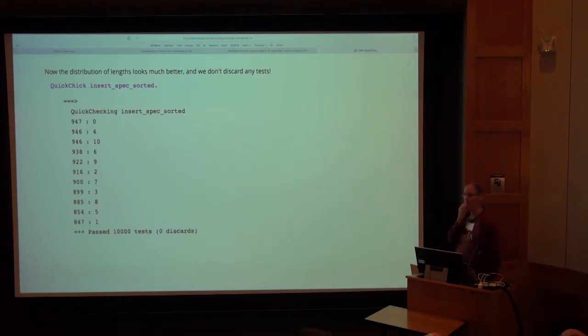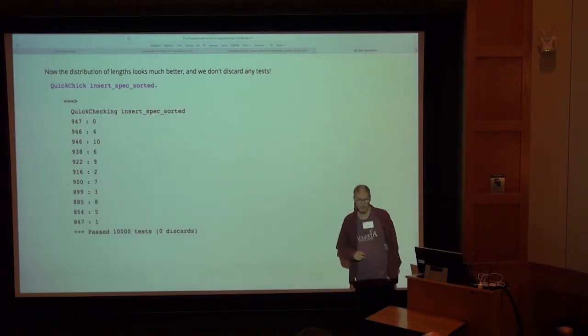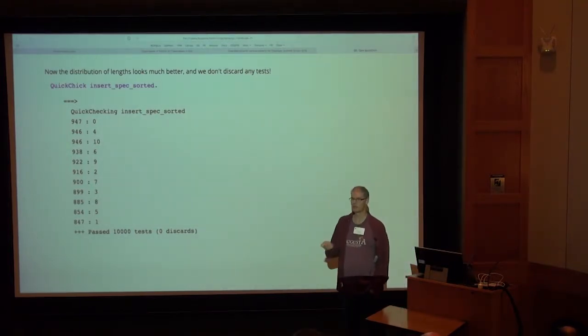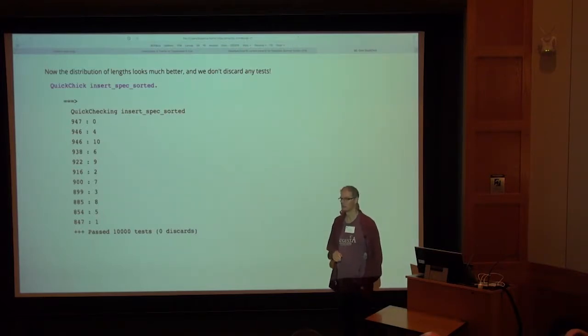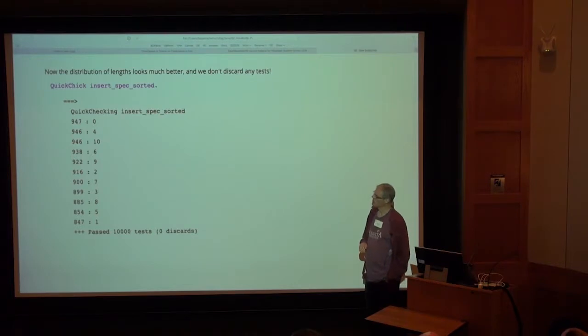But how does that interact with the precondition sorted? Like, do you shrink it? Excellent question. So the shrinking function doesn't necessarily shrink a sorted list to a sorted list. It probably does, but it might not in a more complicated example. So why does it make sense to use the same shrinking function even when we're using a custom generator?